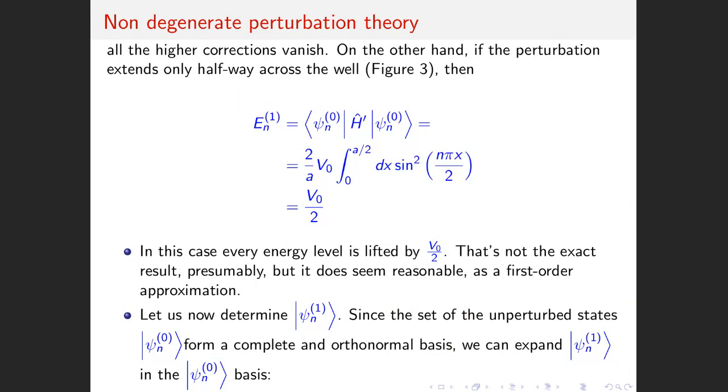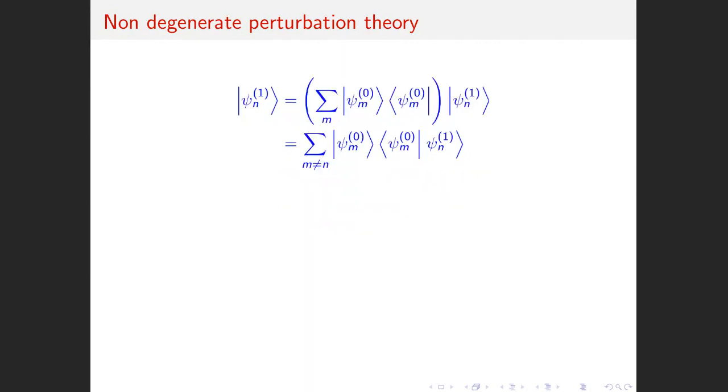So remember, to solve the Schrodinger equation, you have to specify E_n and also the wave function. So we still have to find what are the correction terms in the wave function. To do that, you use this trick that you write psi_n^1 as 1 multiplied by psi_n^1.